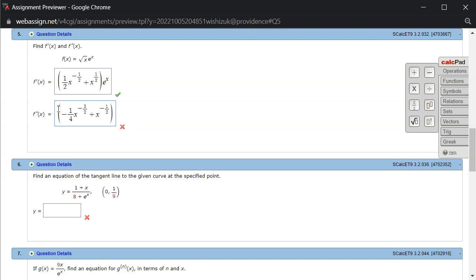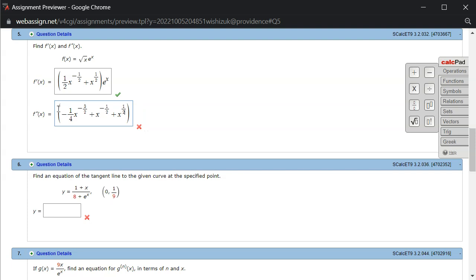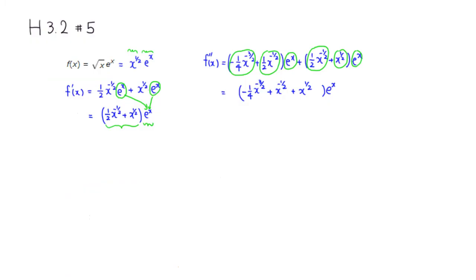And the last one is x to the 1/2 power. Then we have e to the x. Let's check the answer. It came back, and it looks like we got both of these correct. That's it. I hope that this was clear.